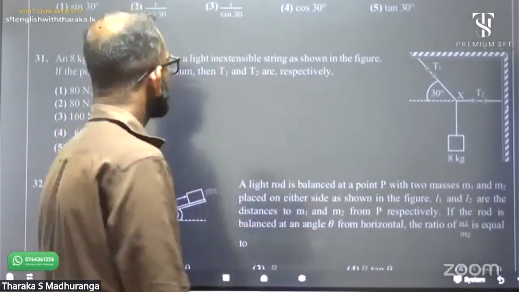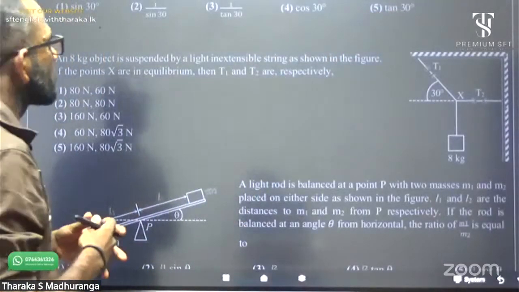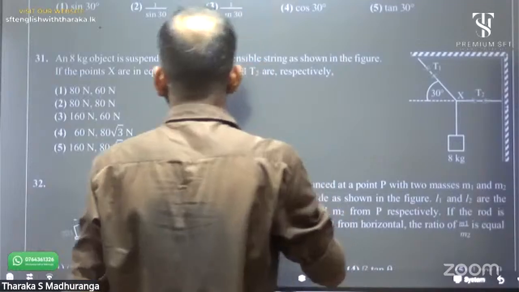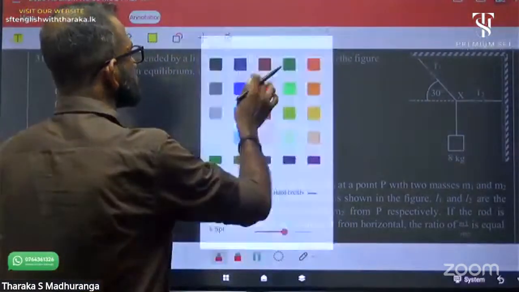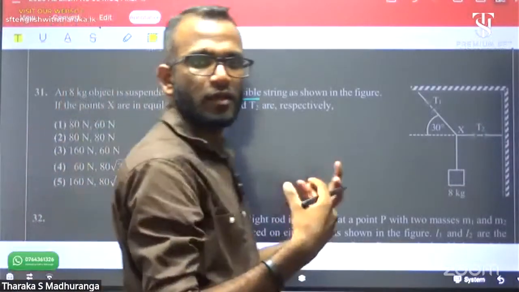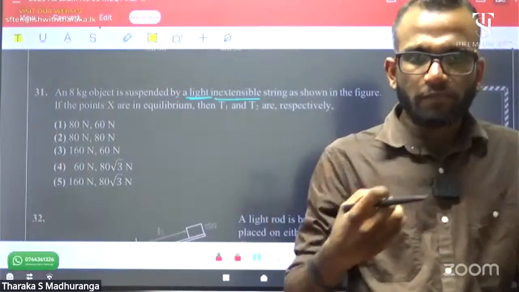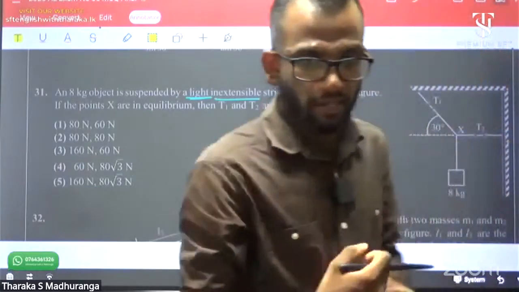Question number 31. An 8 kilogram object is suspended by a light, inextensible string as shown in the figure. Light means we don't need to consider the weight of the string. Inextensible means the extension is not changing when applying force; the length is not changing. It is not elastic.